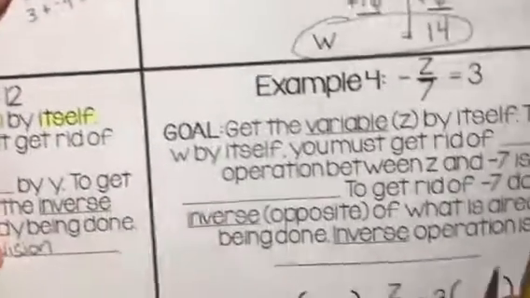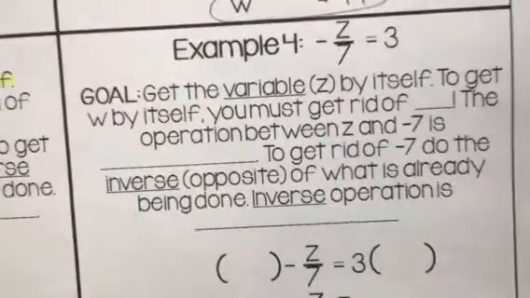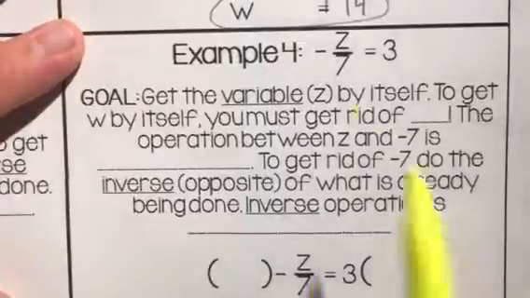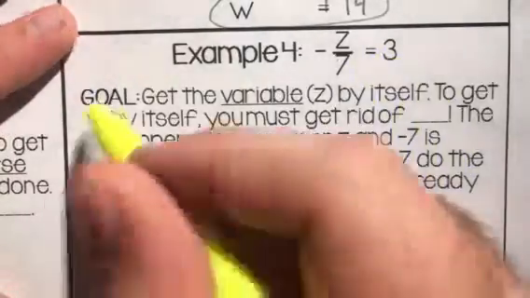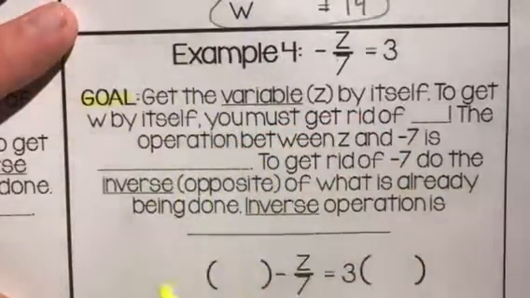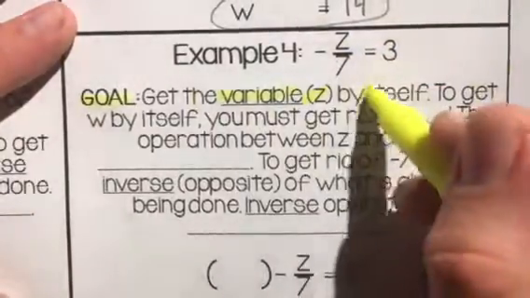Let's look at the last example, which could look kind of daunting at first, but I'll walk you through it, and if you're starting to catch on to the pattern, I think you can pick up on it pretty quickly. Example number 4 says negative z divided by 7 equals 3. Again, our goal is to get the variable, which in this case is z, by itself.